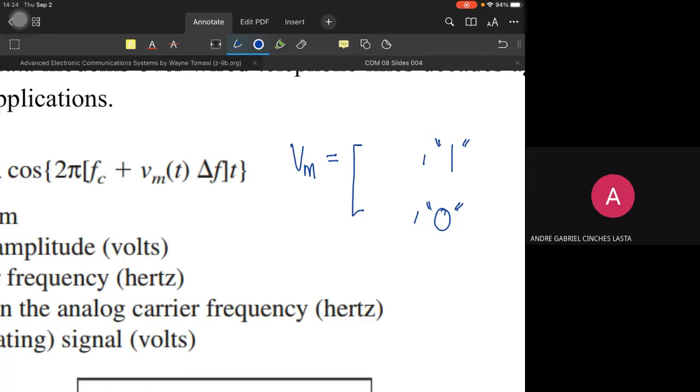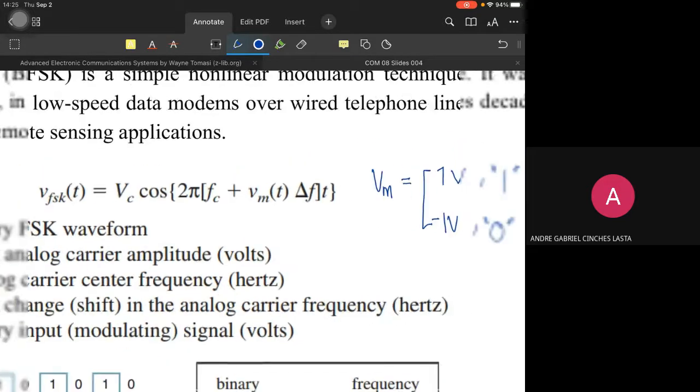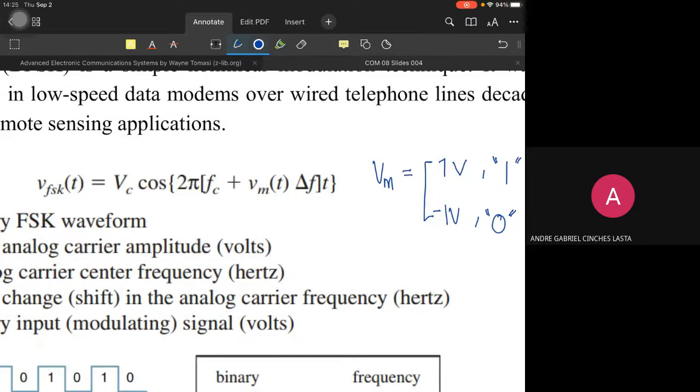One negative, one positive. So for logic 1, we choose 1 volt. For logic 0, negative 1 volt. So if logic 1, this will become positive 1.